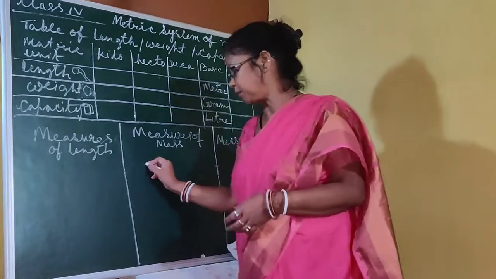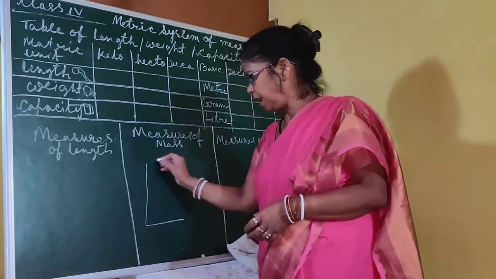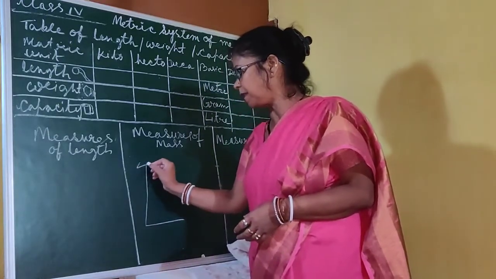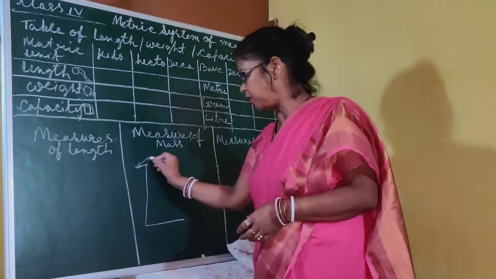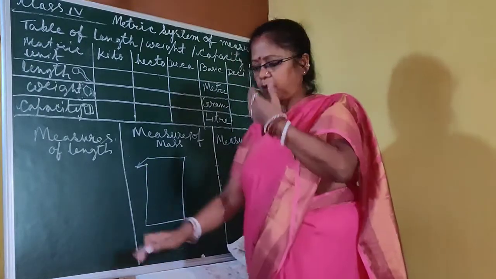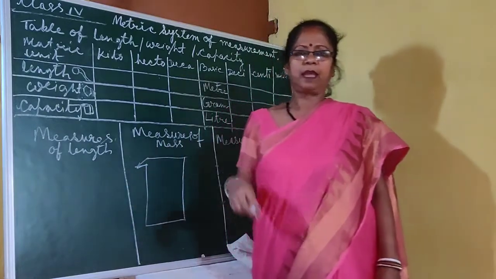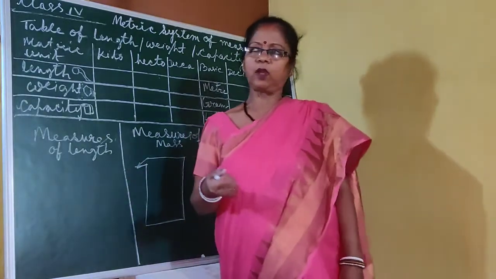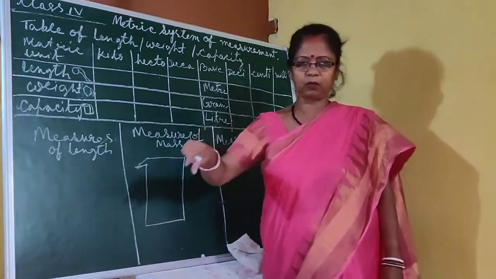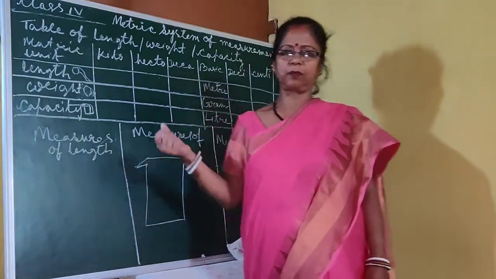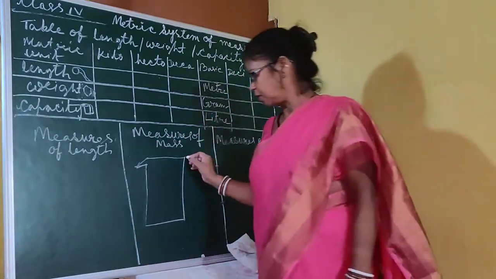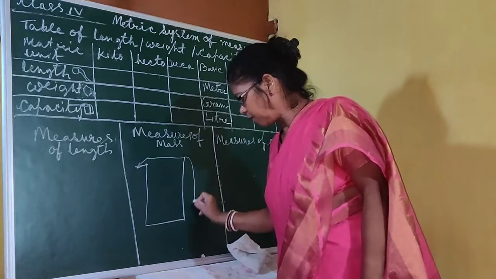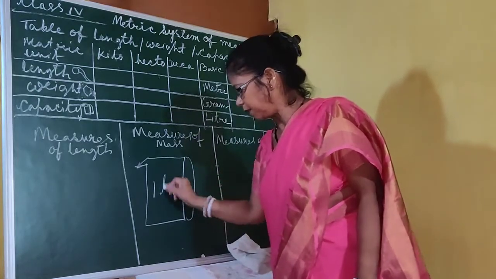Suppose the milkman comes to give you milk at home with one big container. If you need 1 liter, a 1 liter container is poured inside, the milk is taken out and given to you.